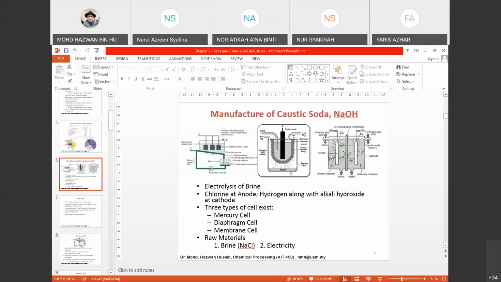Then for the advantages, first, it can run on impure brine, around 20%. And then it can produce 11 to 12% sodium hydroxide.